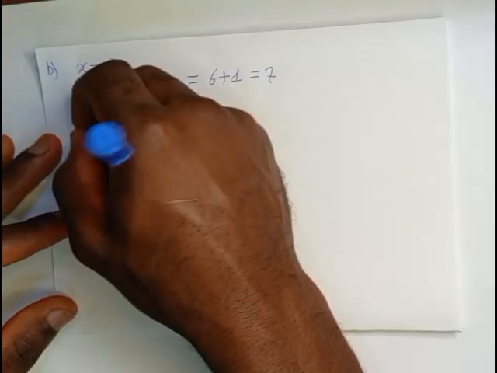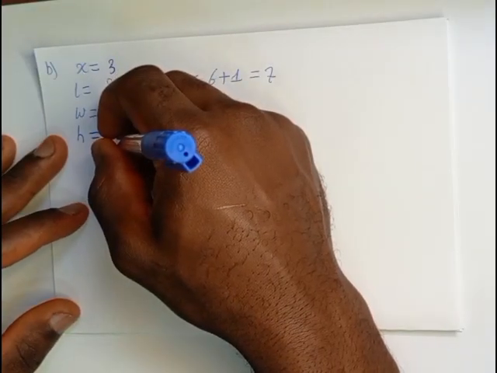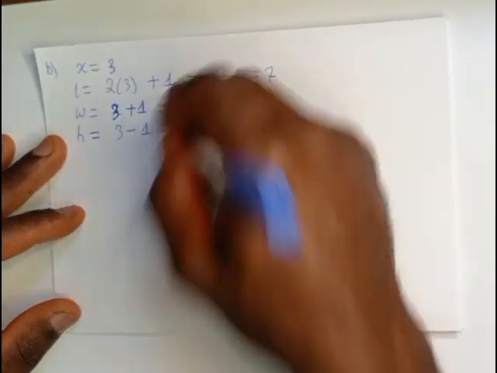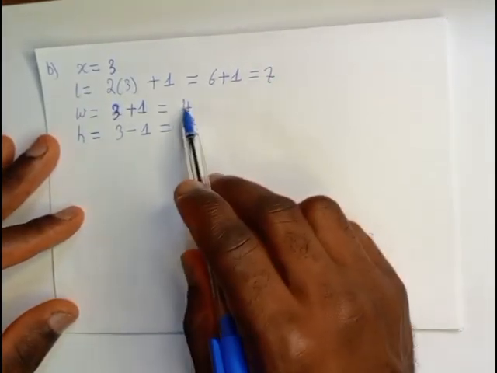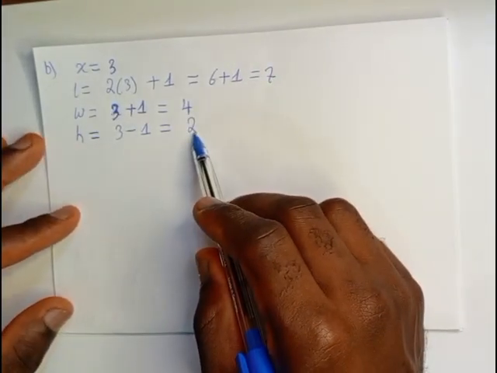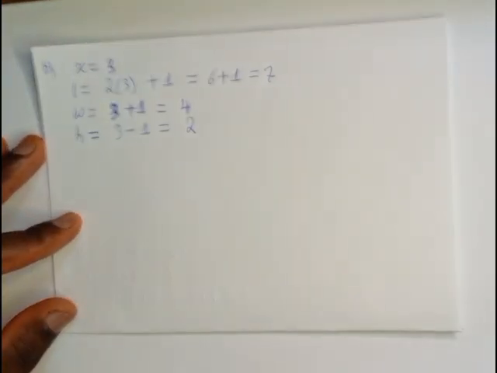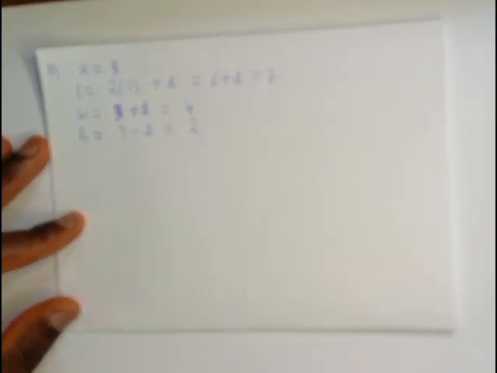Next, the height. The height is simply equal to x minus 1. This will give us 3 minus 1, which is 2. The length is 7, the width is 4, and the height is 2. We are to find the exact value of the surface area and the volume.